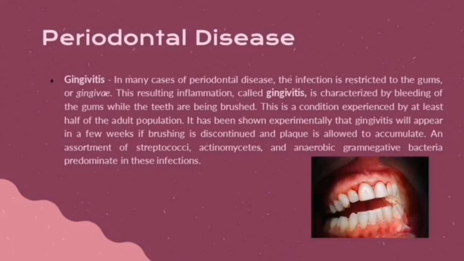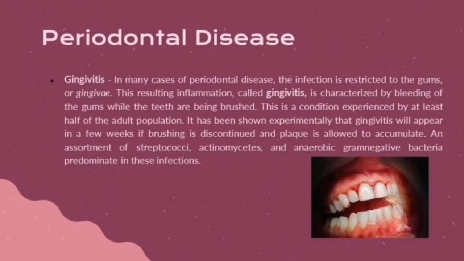One of the periodontal diseases is gingivitis. In many cases of periodontal disease, the infection is restricted to the gums, or gingivae. The resulting inflammation, called gingivitis, is characterized by bleeding of the gums while the teeth are being brushed. This is a condition experienced by at least half of the adult population.